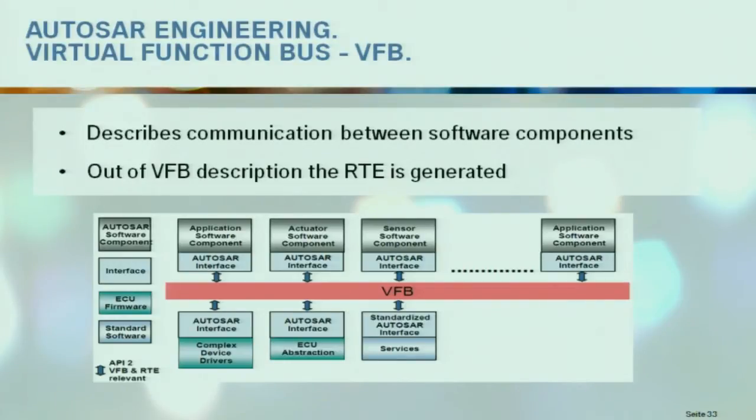And if, let's say, you distribute the first two software components onto the same control unit, the virtual function bus realizes this and just generates the right communication mechanism for the RTE. And if you distribute them on different control units, then the RTE is generated so that it passes the information to the bus driver, let's say CAN driver or similar FlexRay, whatever your bus system is.